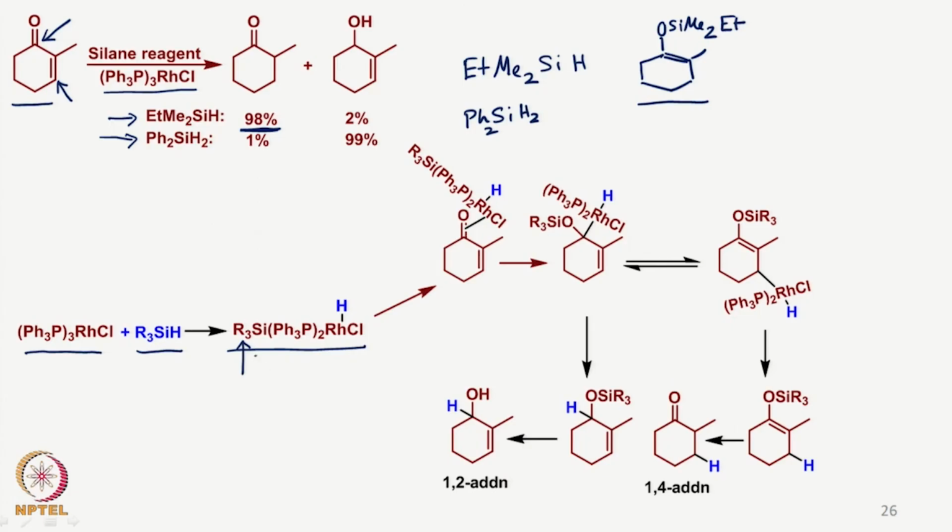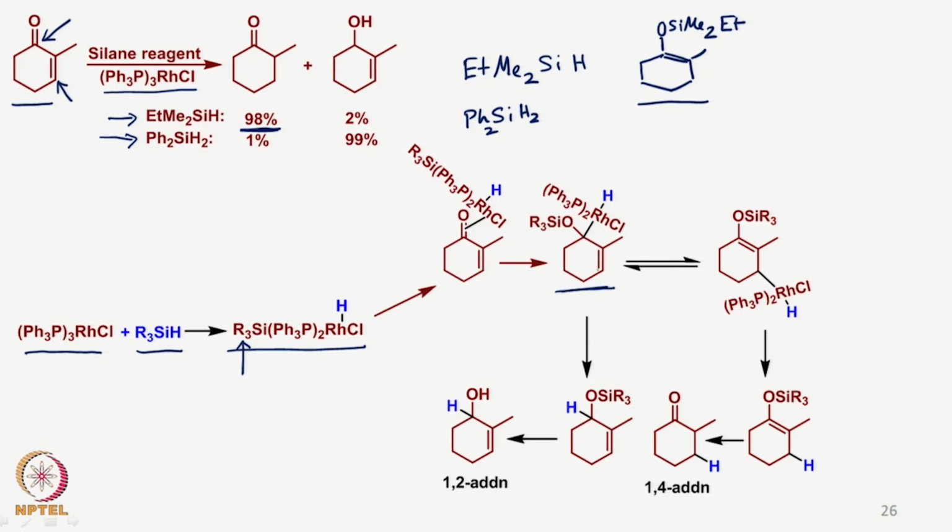So when this modified reagent interacts with the enone, it is proposed that it interacts with the rhodium here through the oxygen, and immediately there is a carbon-rhodium bond forming such an intermediate. Now, this is the first intermediate that can form.